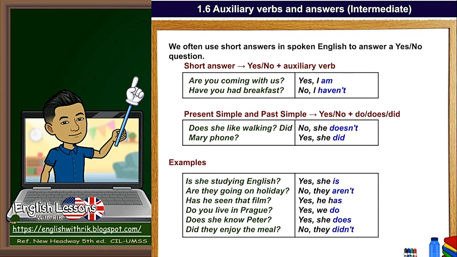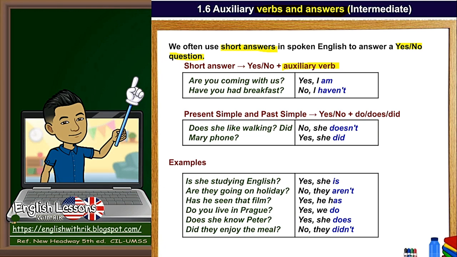Auxiliary verbs and short answers. We often use short answers in spoken English to answer a yes/no question. To make a short answer, we use yes or no and repeat the auxiliary verb. Are you coming with us? Yes, I am.